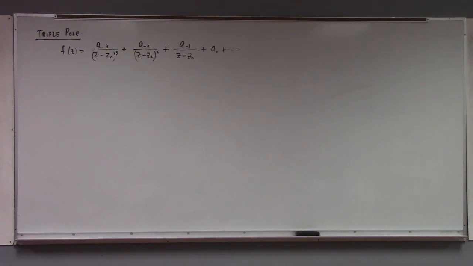On the basis of analogy with what just worked, I suggest we multiply not by z minus z naught squared, but this time z minus z naught cubed.